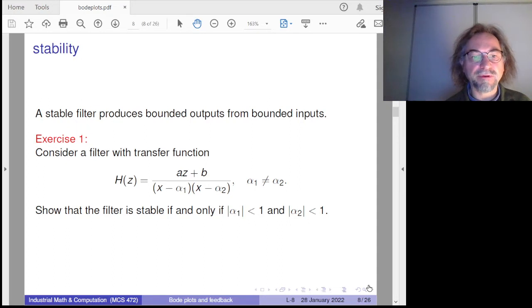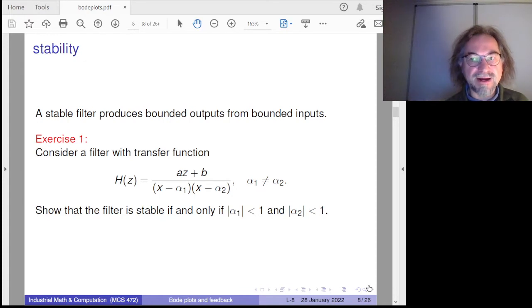The setup of this question, especially alpha 1 different from alpha 2, is set up in the context of the partial fraction decomposition. So construct the partial fraction decomposition for this transfer function, which we considered in lecture 6.